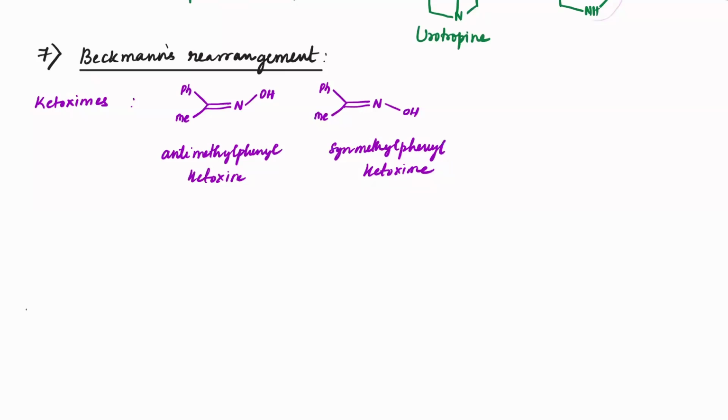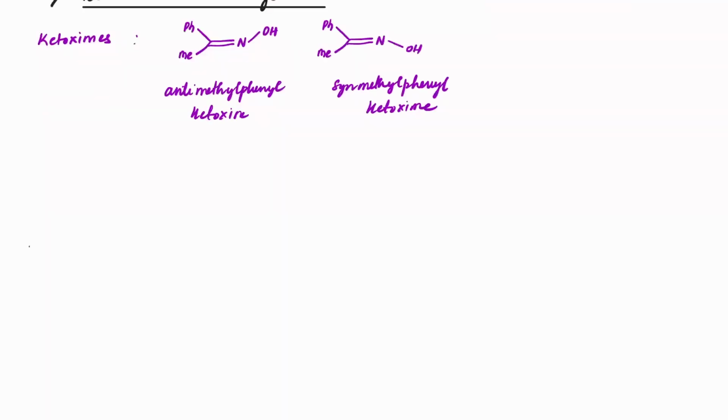So the overall reaction here is, if you take any ketone, any ketoxime, and react this with concentrated H plus, then what we expect is first a protonation will take place from OH2. And now this is the interesting fact here.